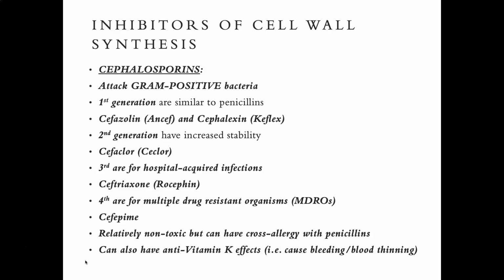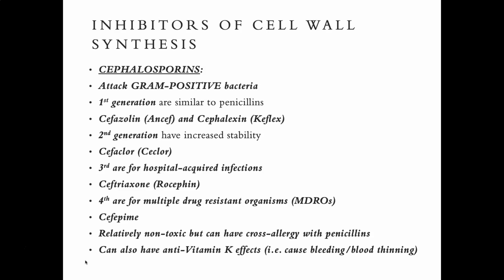Going back to the generations, the ones that I really want you to know are third and fourth generations. Third generations are for hospital-acquired infections. And if you do any coding in a hospital-based setting, like for an intensive care unit or something like that, you will see Rocephin given in the ED, in ICU, in different places like that.